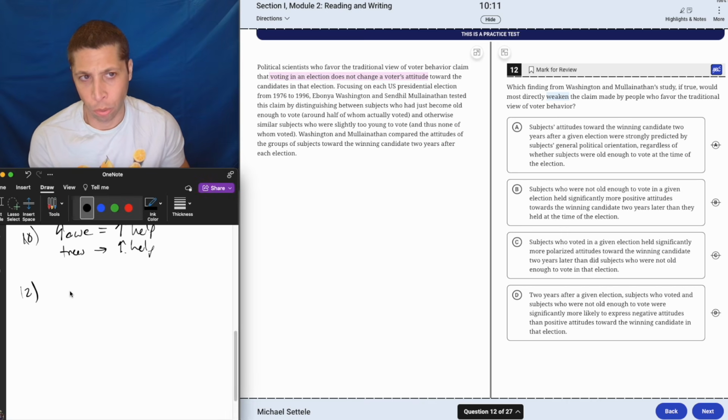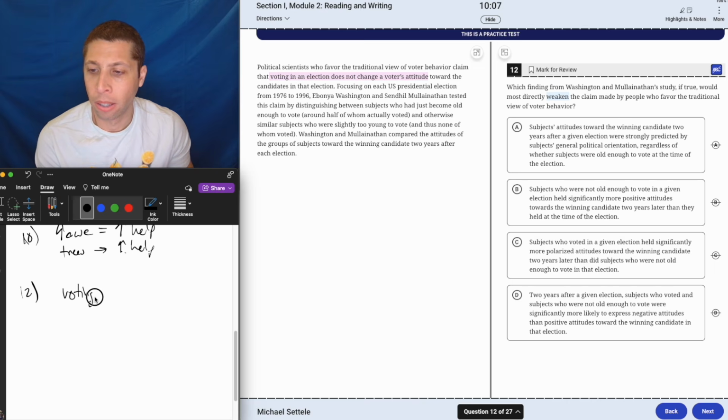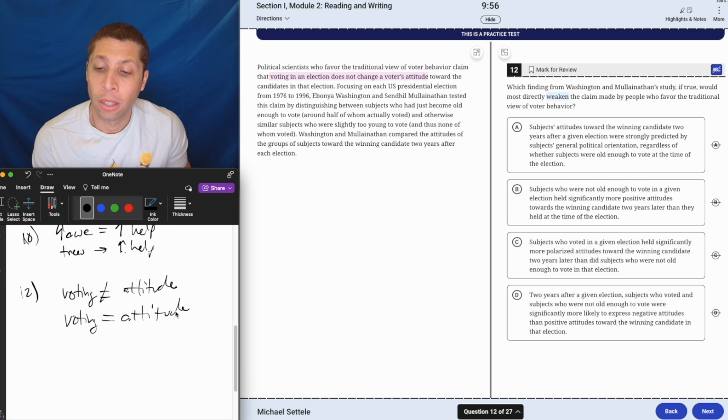So we're trying to weaken the idea that voting does not equal attitude. Therefore, what we're trying to do is actually say that voting does equal the attitude. So what is the difference between the two groups that vote or don't vote? There's the old group and the young group.